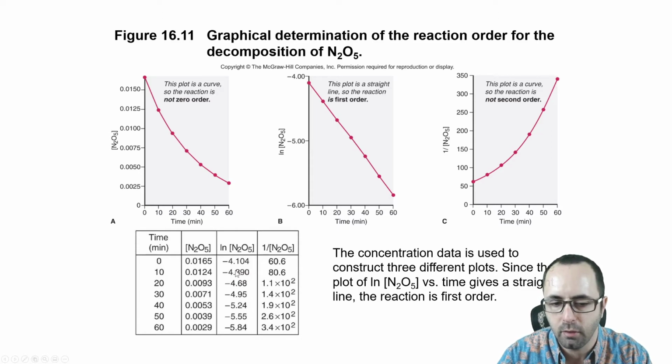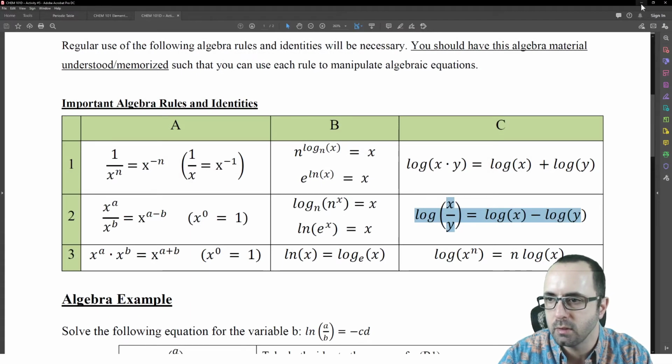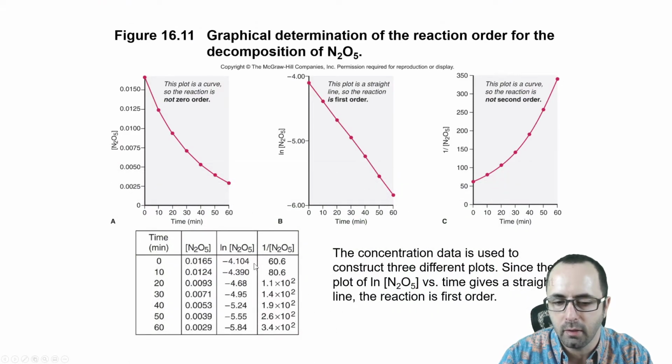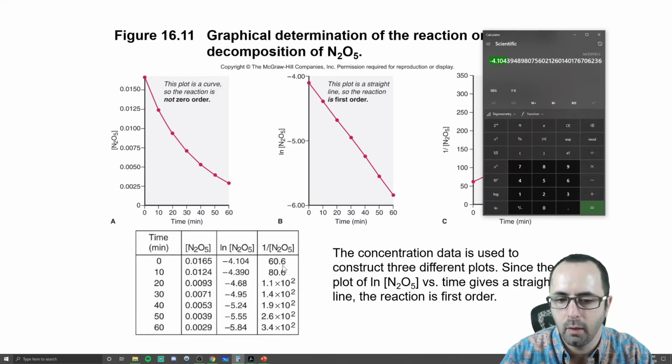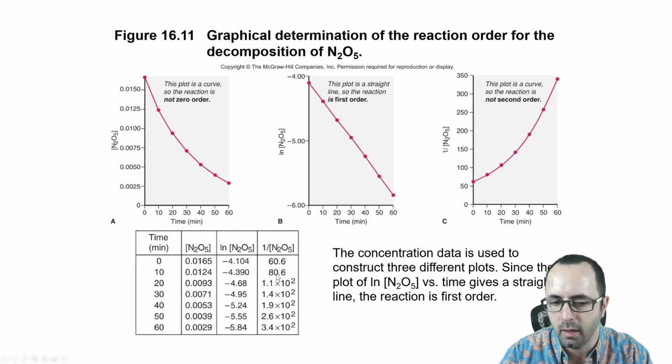If I took the natural log of 0.0165, I get negative 4.104. And this is 1 divided by the concentration. So 1 divided by 0.0165, I get 60.6. And you do this along your whole reaction, and then you plot it.